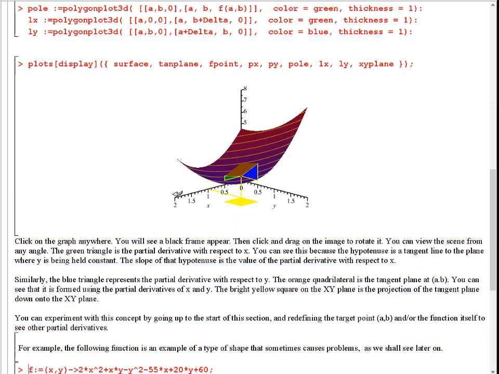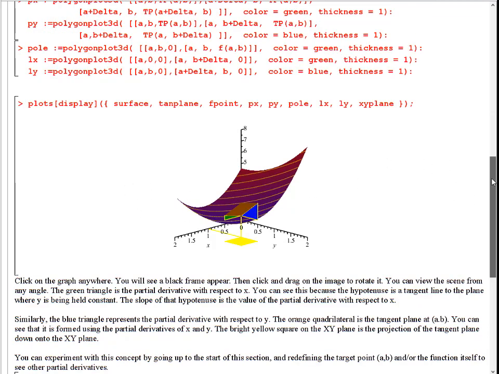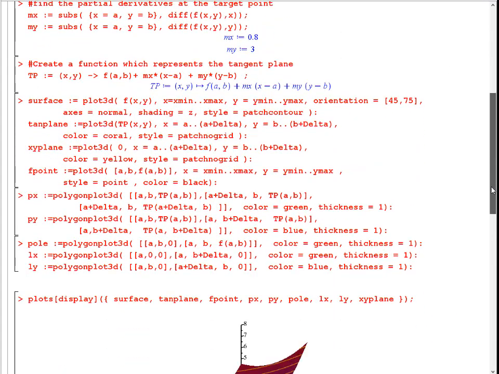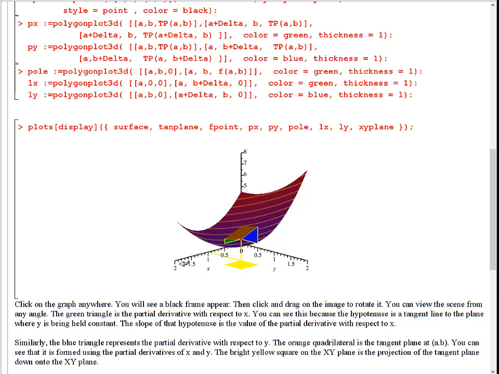So let me try and explain what we're seeing here. We've got the graph of this function defined up here in blue, but now the function has got two inputs or two arguments, x and y, and the height up here is the value of the function.